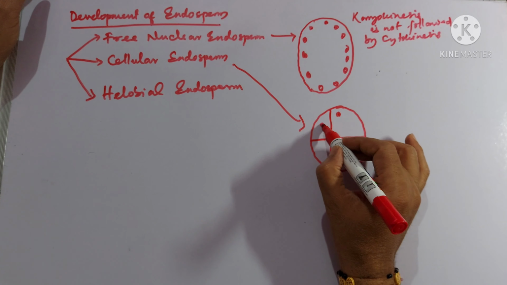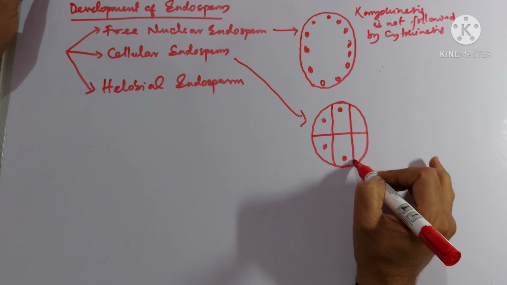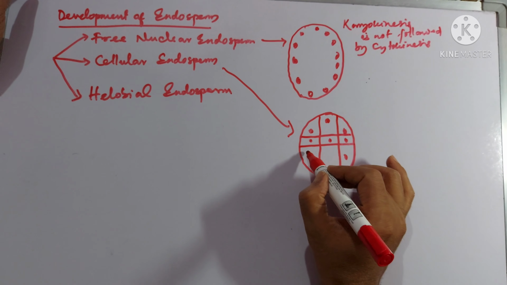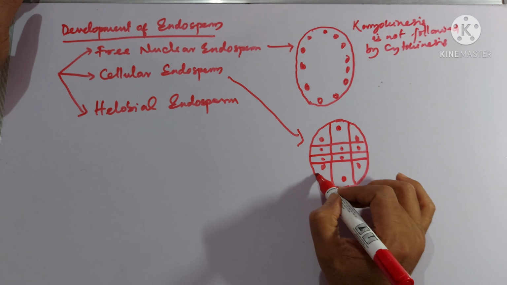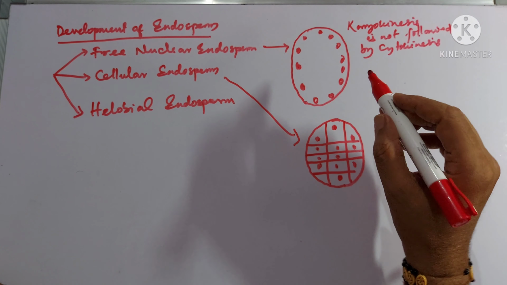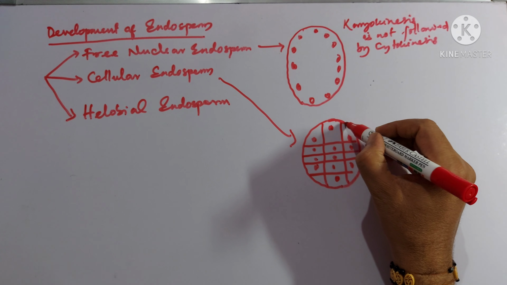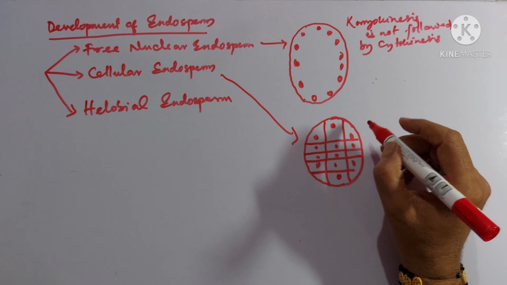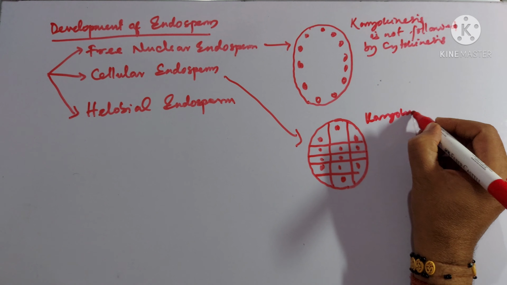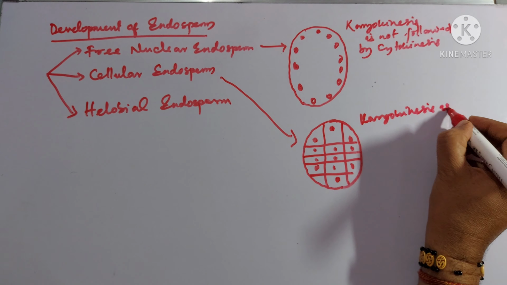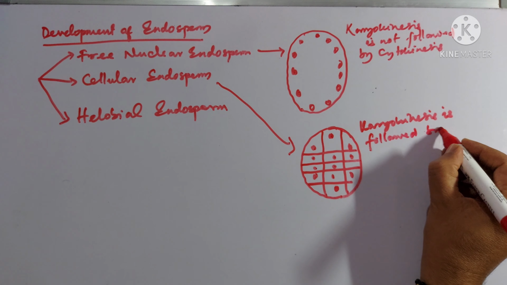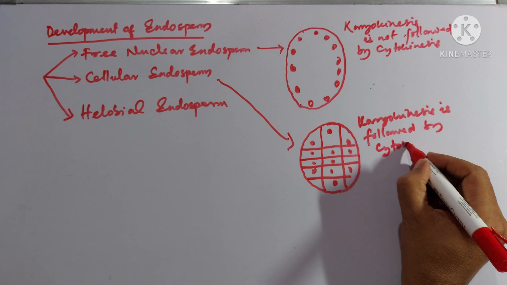Then the next division. In this way, like a normal cell, it divides and produces the different constituent cells of the endosperm. So karyokinesis is followed by cytokinesis.